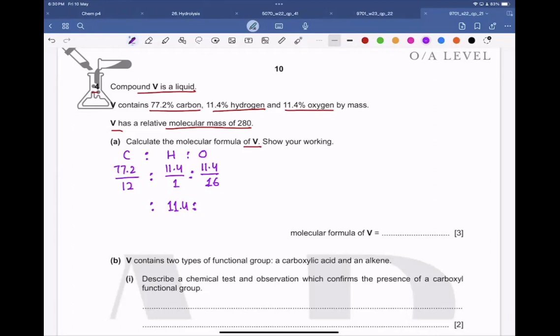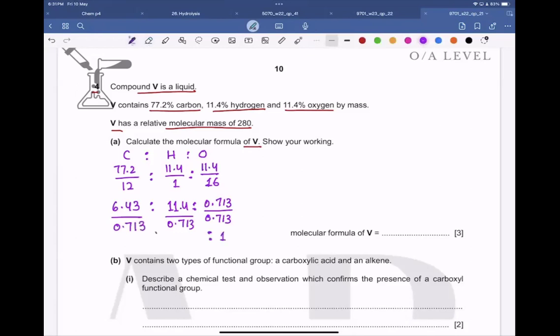And it's not H removed from OH, the whole OH is removed. It's a nucleophilic substitution. 6.43. Okay. And for the last one, it's 0.713. So the smallest value is 0.713. So I'm going to divide all the values with 0.713. So here I'm going to get 1.